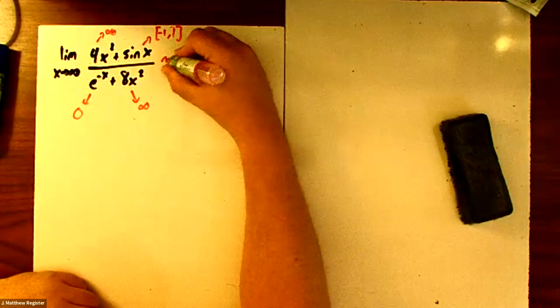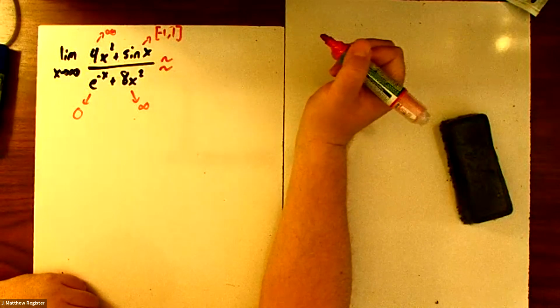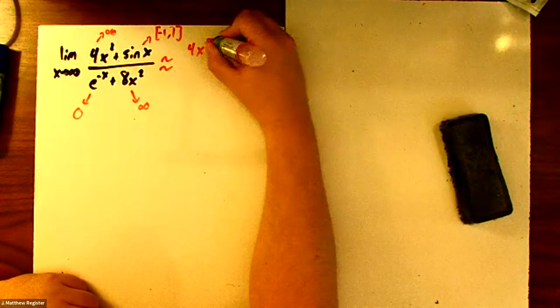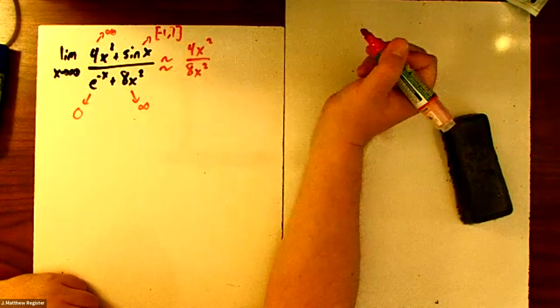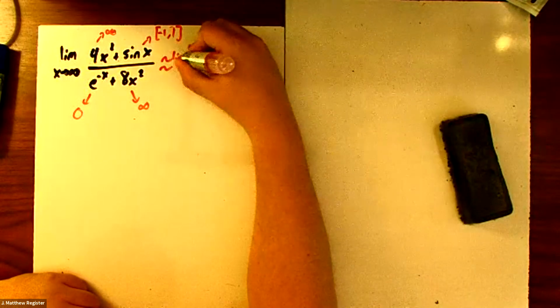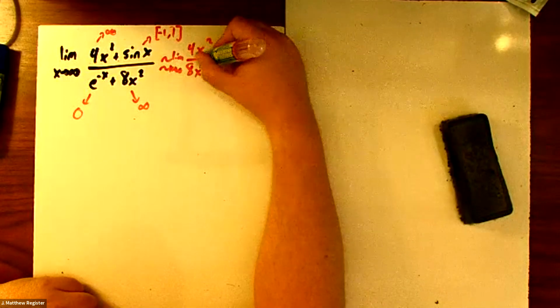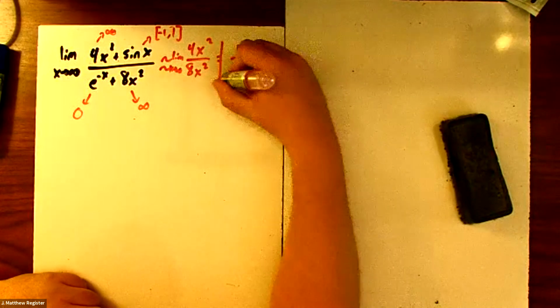And so when we are looking at the long-term behavior of this, only 2 of the terms actually matter. And that's the 4x squared over 8x squared. Still, we should include the limit as x goes to infinity in there. But now reducing this, we get 1/2.